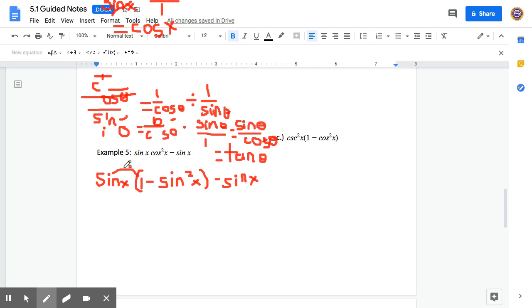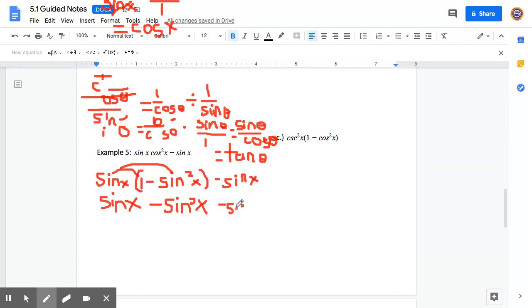If we multiply sine x times 1, we get sine x. If we multiply sine x times sine squared x, that would be like multiplying x times an x squared. We get sine to the third x. And then we have this minus sine x on the end.